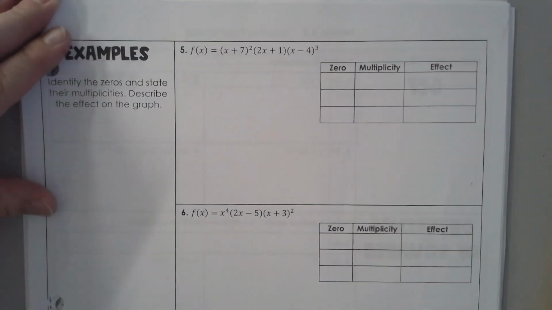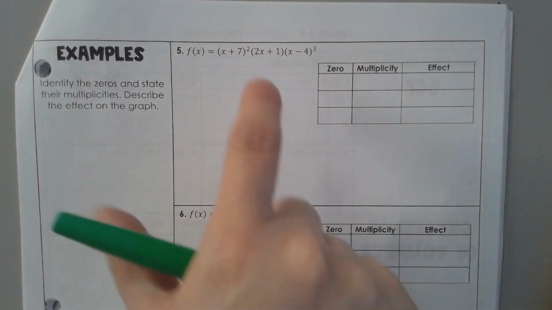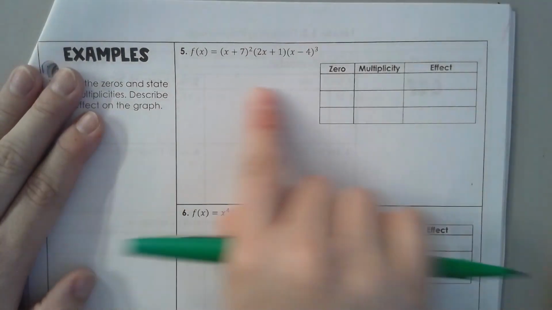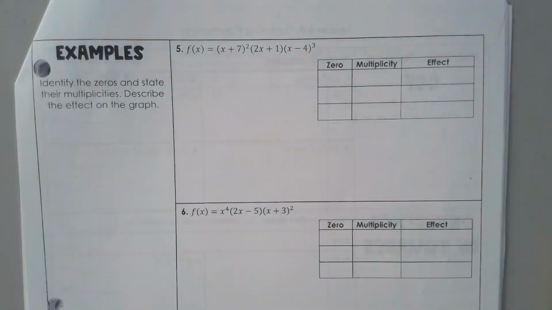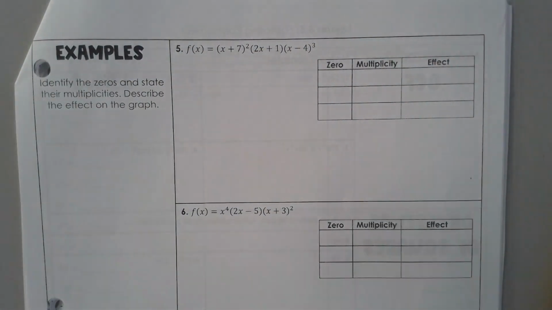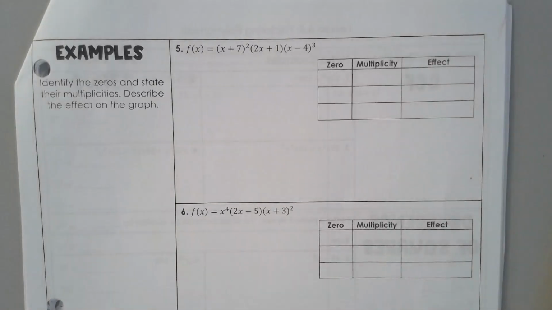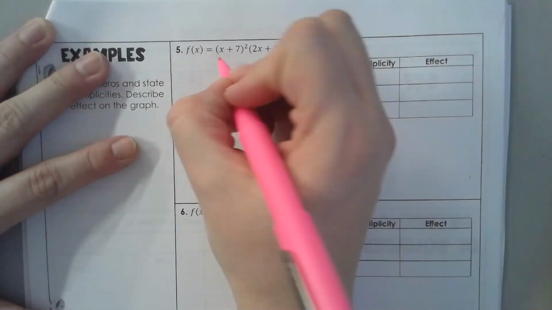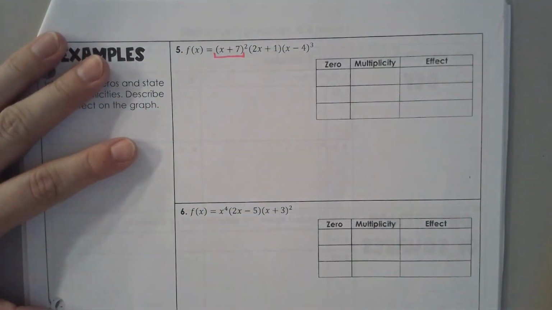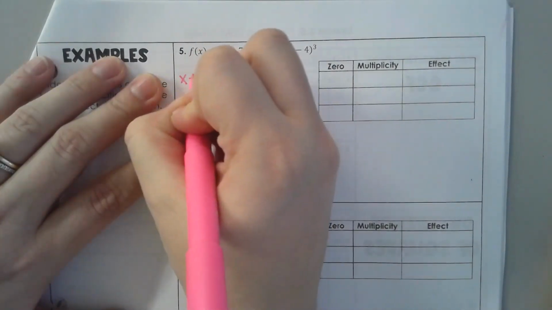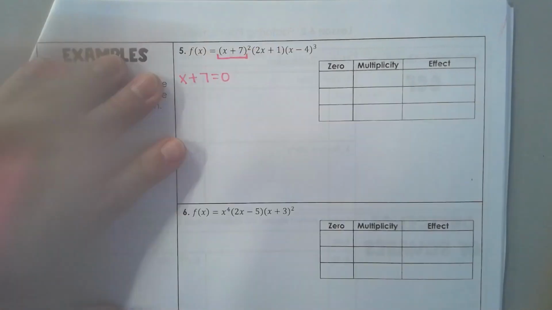So we just have 3 examples. We're going to do what we did on those first few, and we're going to write the word bounce or cross over here. So we're just going to add that step. So, number 5, here is one of my factors. So I've got to set that equal to 0.